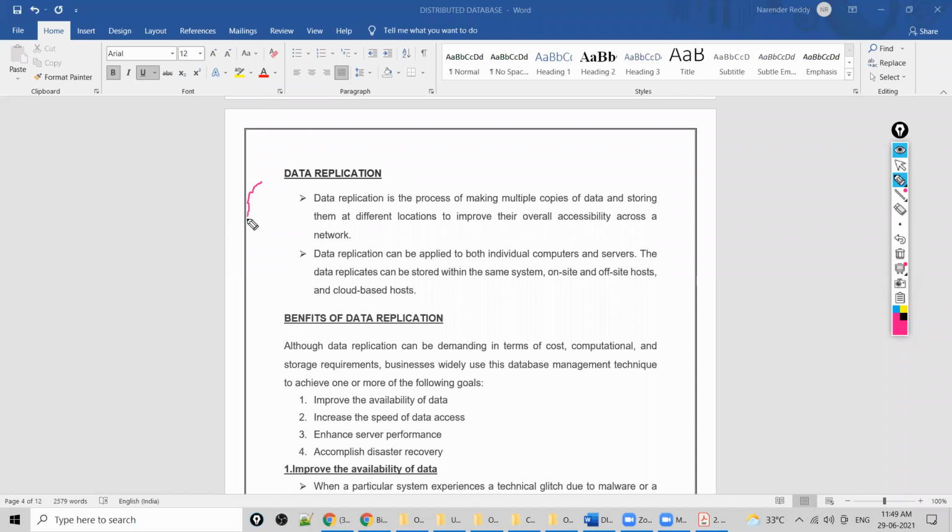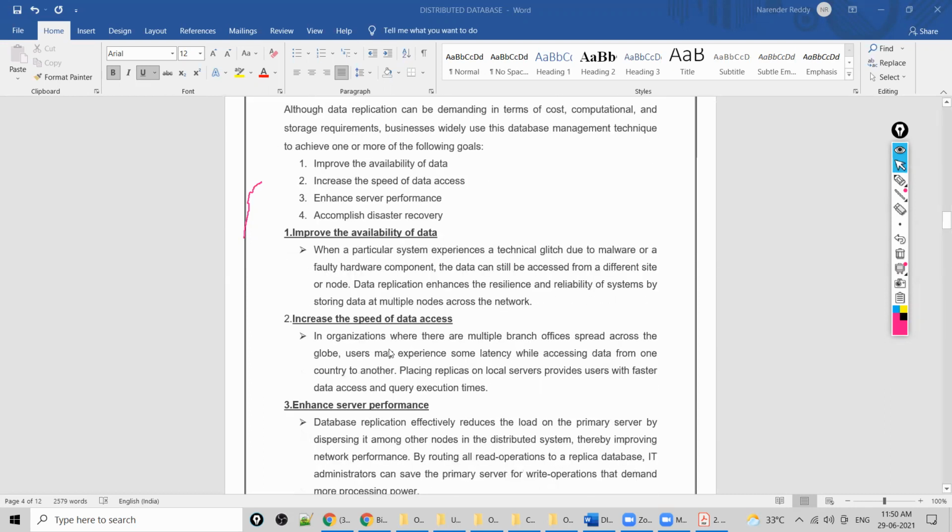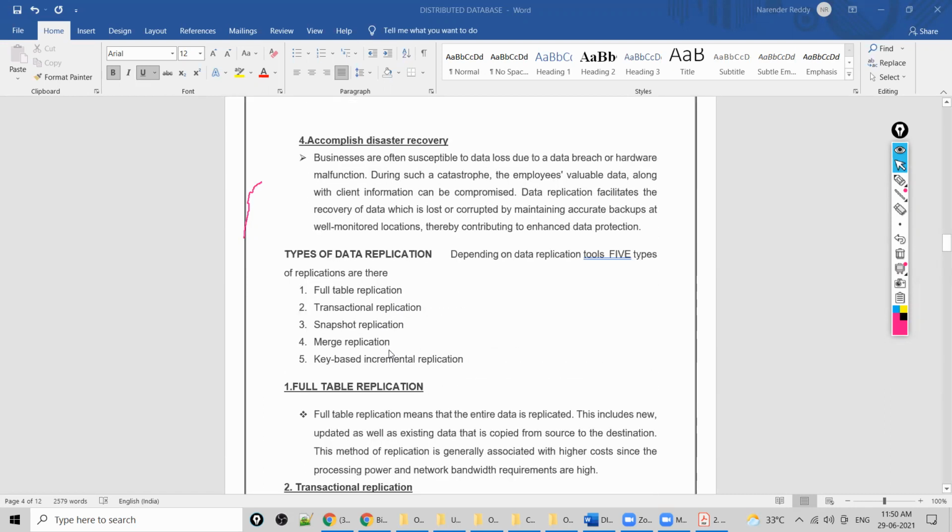Data replication is the process of making multiple copies of data and storing them at different locations. That is called nothing but data replication. What are the benefits of data replication, madam? There are different types of data replication.